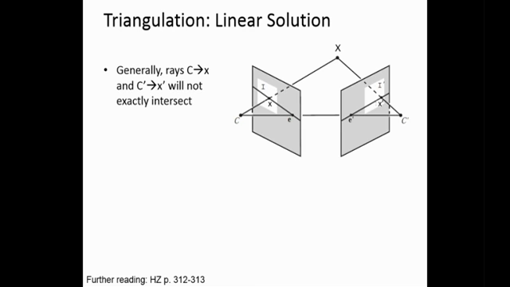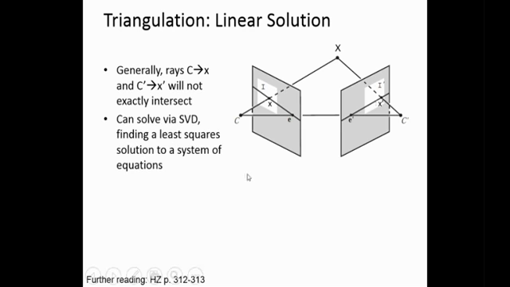So the basic idea is that for every image in which you observe a 2D point of this unknown 3D point, you have a constraint that says that the projection of X, or PX, where P is the projection matrix of this image, P times big X should be approximately equal to little x.